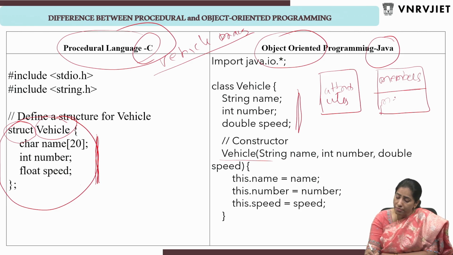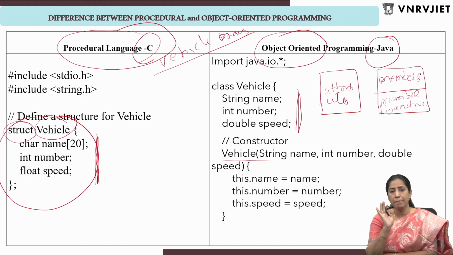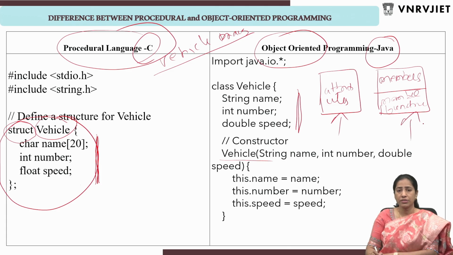We will also have member functions which will define the behavior of these members. That is the basic difference between structure-oriented language and object-oriented language. Now, when you write a program, how can you write a structure in C language? How can you write a class in object-oriented language?